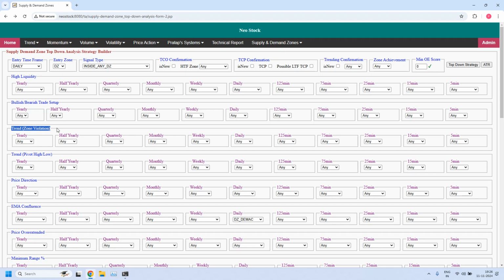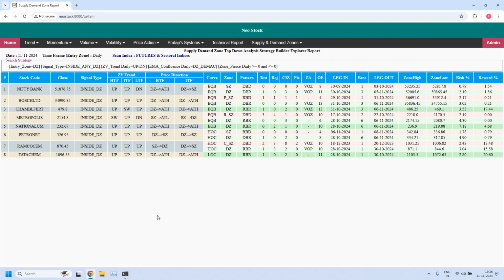So that's why in the zone violation trend at daily time frame, I am not selecting sideways, either down or up trends. We got only 8 stocks. All these uptrend you can plan for bullish trade setups, downtrend you can plan for counter trend trade setups. That way this list is helpful to you.